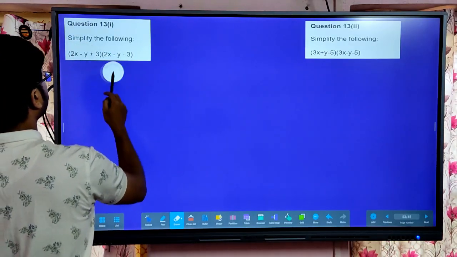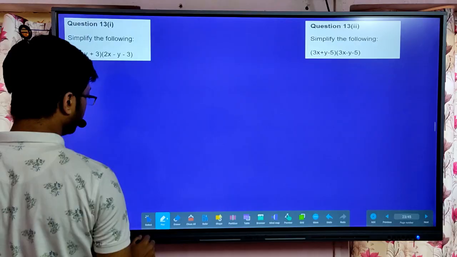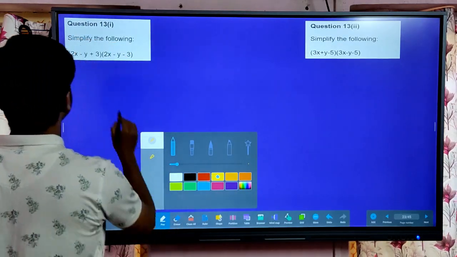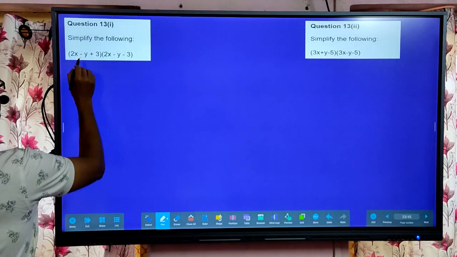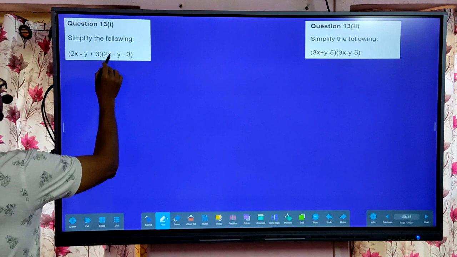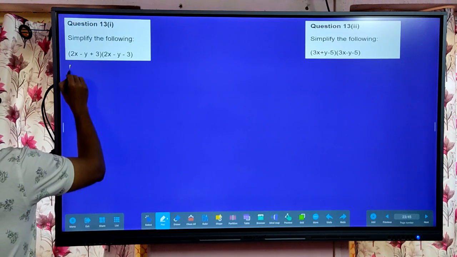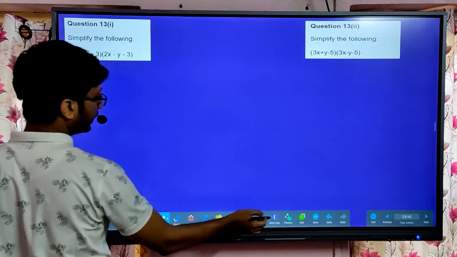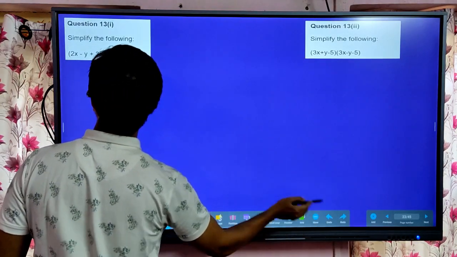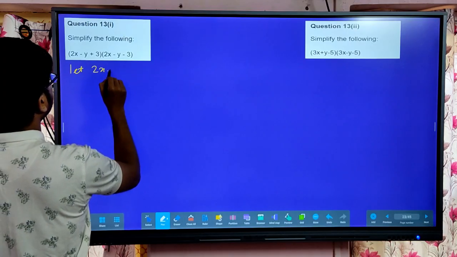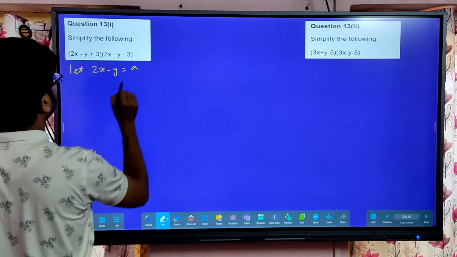Pay attention. We will consider this 2x minus y as a. You see 2x minus y is appearing in both the terms. So let 2x minus y equal to a.